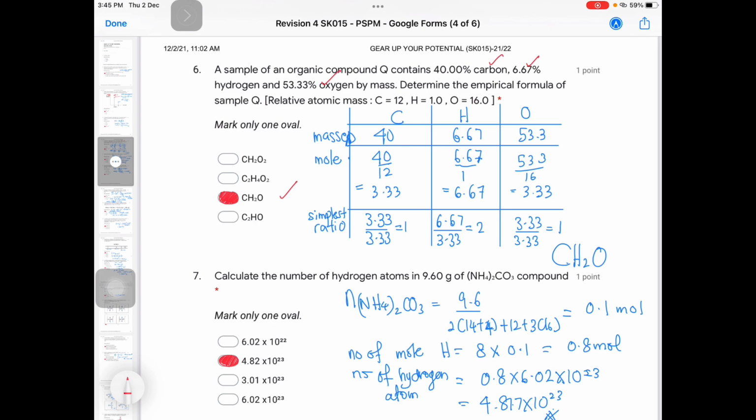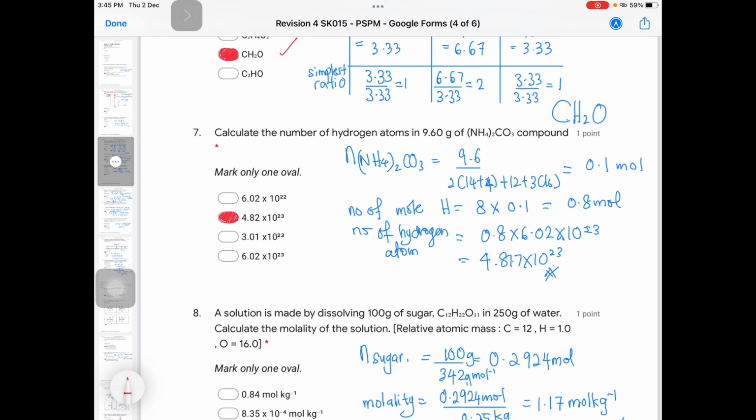Okay, right. Next, calculate number of hydrogen atom in 9.6 gram of (NH4)2CO3 compound. Jadi, kat sini kita ada 9.6 over molar mass. Molar mass untuk (NH4)2CO3, so dapat 0.1.